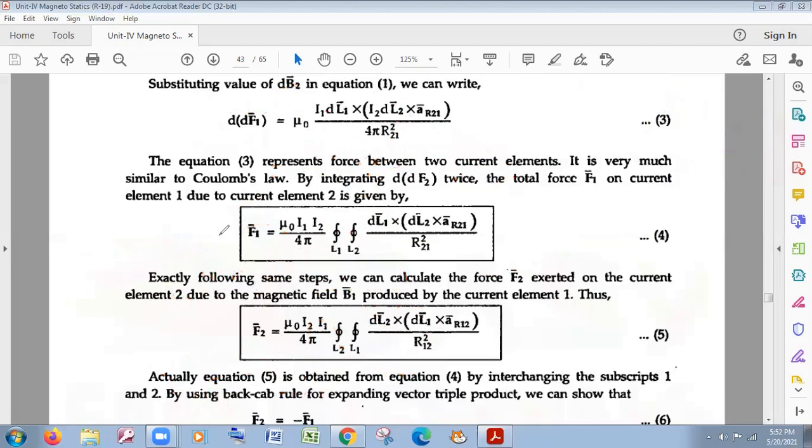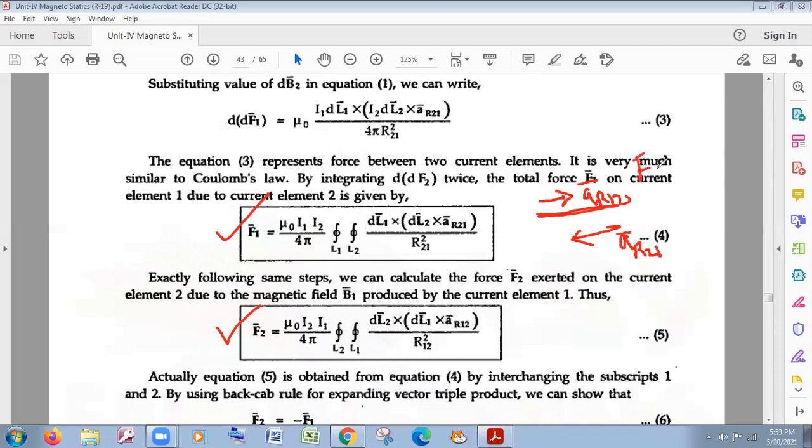Two equations we got: F1 bar is equal to, and F2 bar is equal to. See, it is mu naught I1 I2 by 4 pi, and mu naught I2 I1 by 4 pi. Both are the same. And here the cross product is dL1 bar cross dL2 bar cross aR21. Either it is 21 or 12, the distance is the same, but the direction is different. aR12 is in this direction, but the unit vector a21 direction is different.